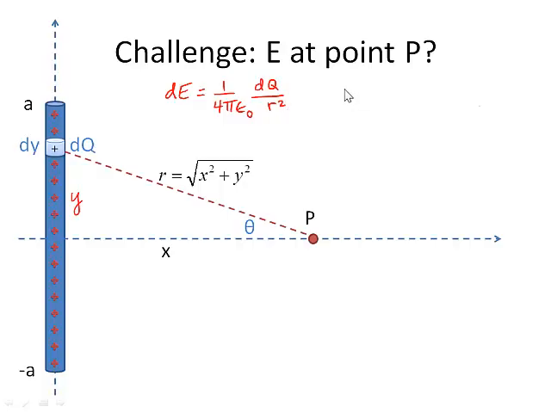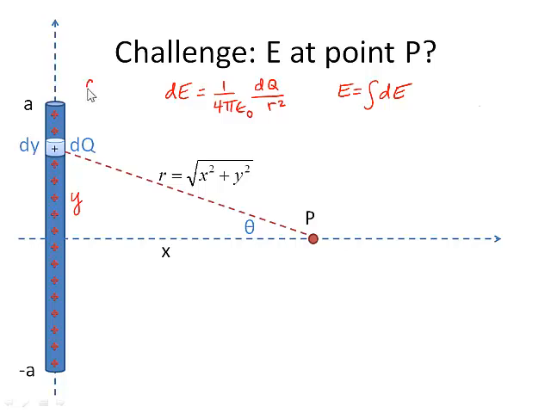Ultimately, what we want to do is get the total electric field, which will be the integral of all these little dE's. The thing is that dq is a difficult thing to integrate, so instead we want to find an integral that is easier to integrate.